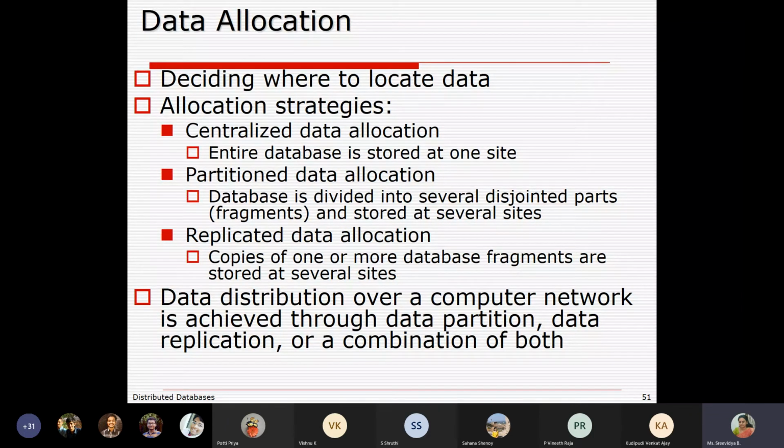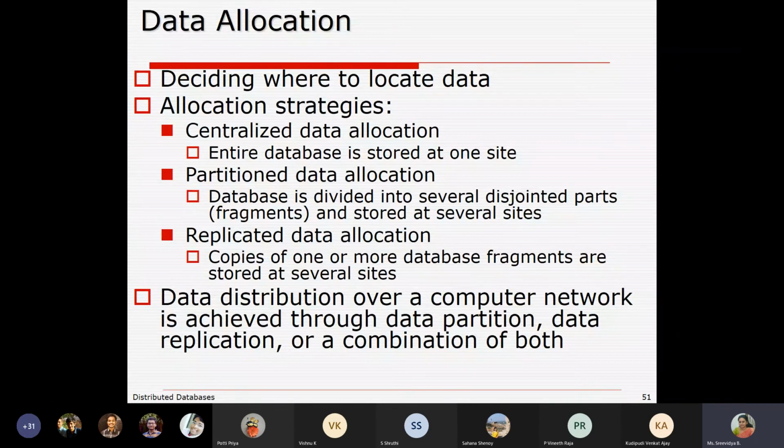Okay, allocation is about where to keep this data. Again, three different ways. Centralized data allocation, where the entire database is stored at one site, but we are not going to talk about that here because we are talking about the distributed database approach. So we look at the second and third: partitioned data allocation, where the database is divided into several disjoint parts and stored at several sites. Here we are not talking about replication, we only talk about fragmentation.